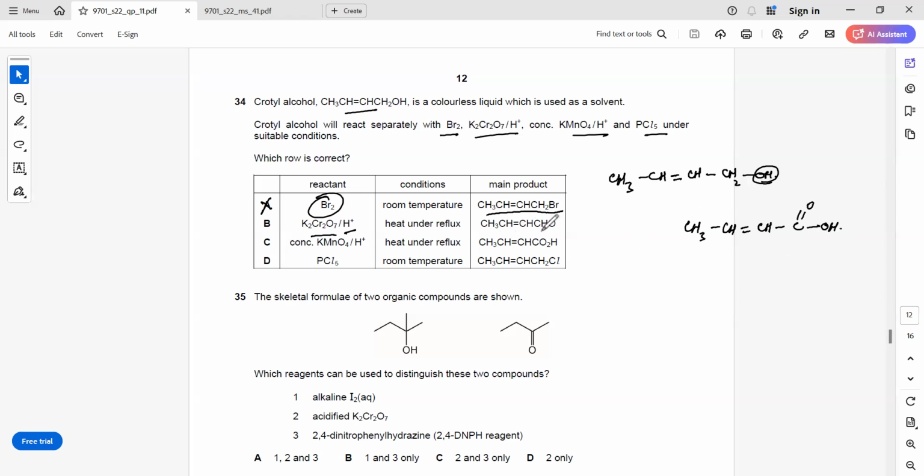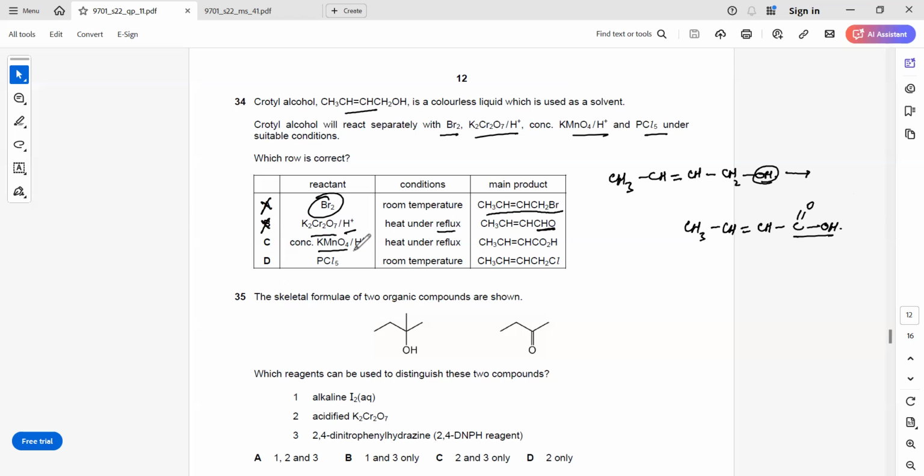But here they have given us an aldehyde. So that means it does not stop at aldehyde. Alcohols oxidize into aldehyde and then aldehyde is oxidized into carboxylic acid because we are heating under reflux. So if it vaporizes, it comes back into the flask. So that's why the final product is carboxylic acid. So option B is incorrect.